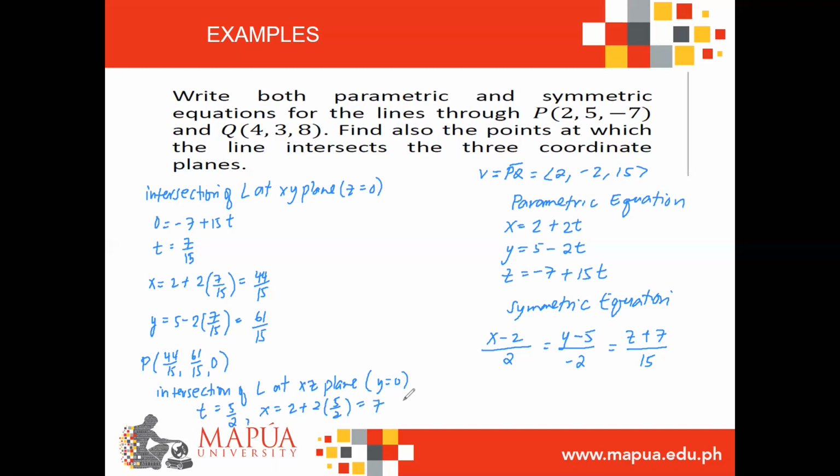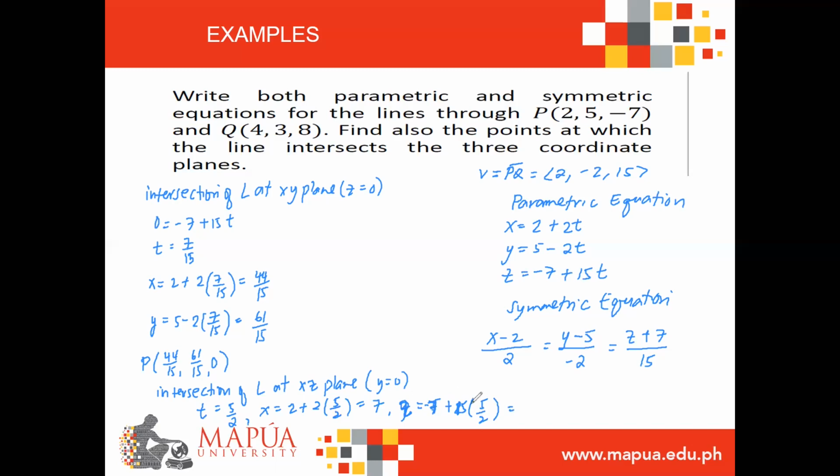Then for y, or rather we're going to make use of the z because y is 0. z equals negative 7 plus 15 times t, which is 5 halves.